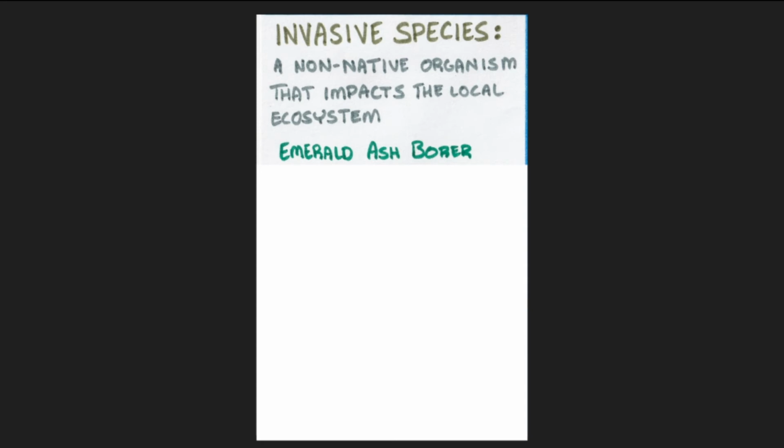The emerald ash borer is an immigrant from Southeast Asia to Indiana, Michigan, and parts of Wisconsin. This interesting little insect, and by interesting I mean absolutely disgusting and terrifying, is this bright green colored beetle that hitched a ride over from some Asian imports to the United States, basically around the 60s and 70s.